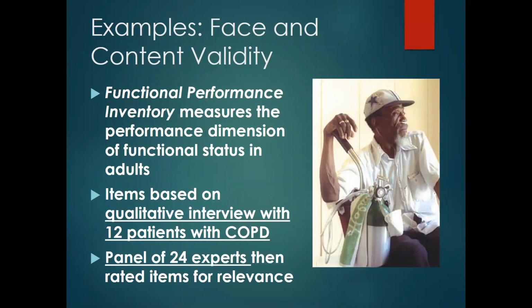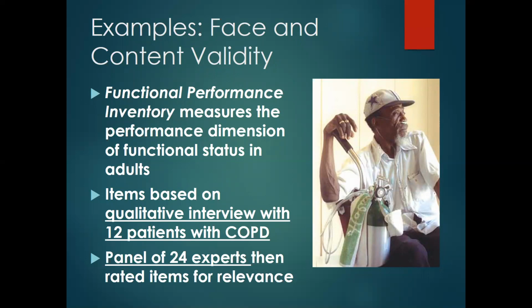Here's an example of face and content validity. A functional performance inventory measures the performance dimension of functional status in adults. The items are based on a qualitative interview with 12 patients with COPD, and a panel of 24 experts then rated the elements for relevance.